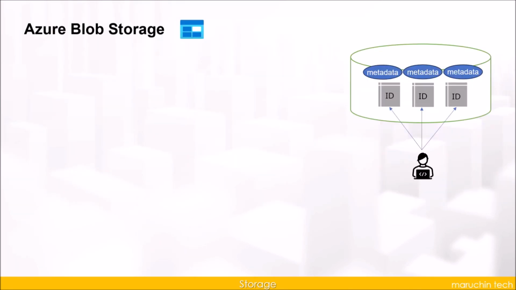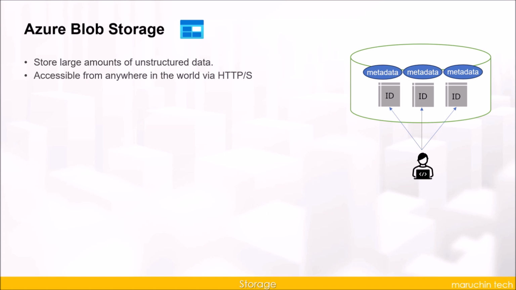I'm going to introduce Azure Blob Storage. Azure Blob Storage is a service for storing a large amount of unstructured data, such as text or binary data, which is accessible from anywhere in the world via HTTP or HTTPS.